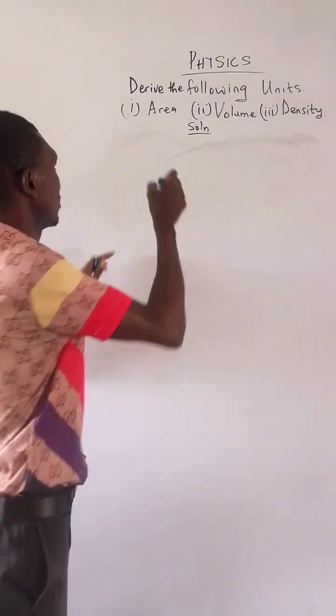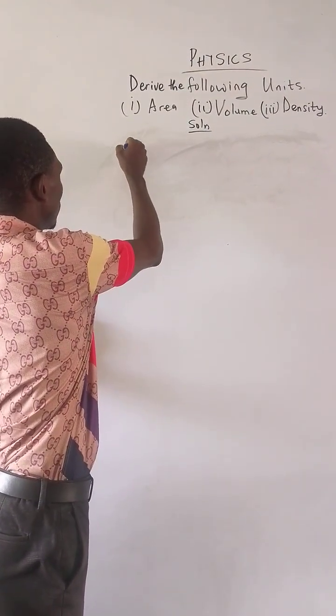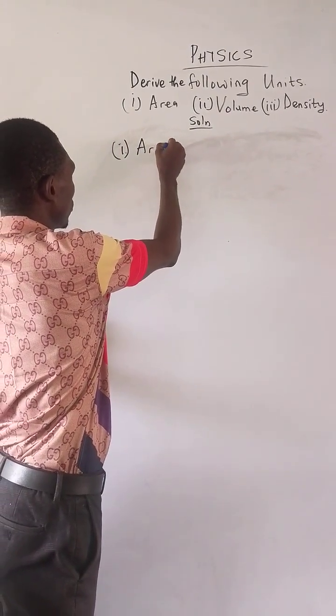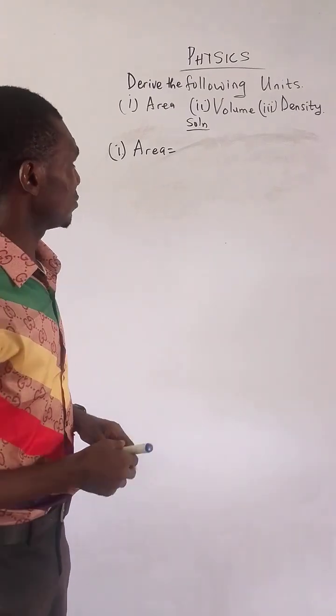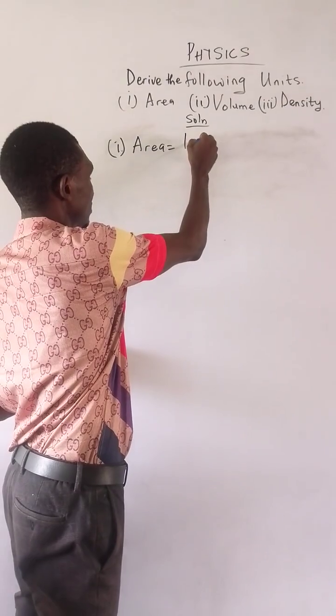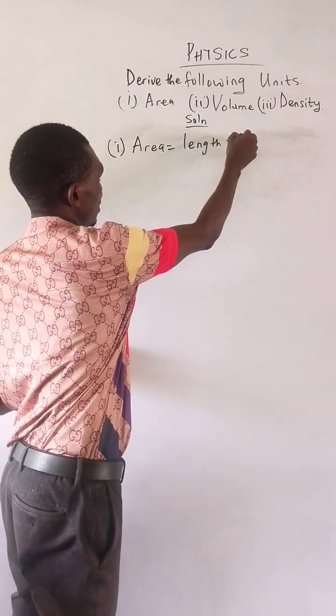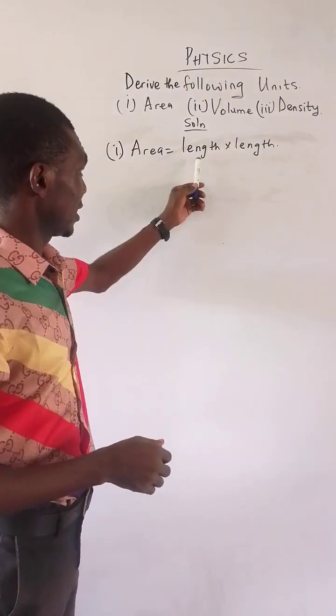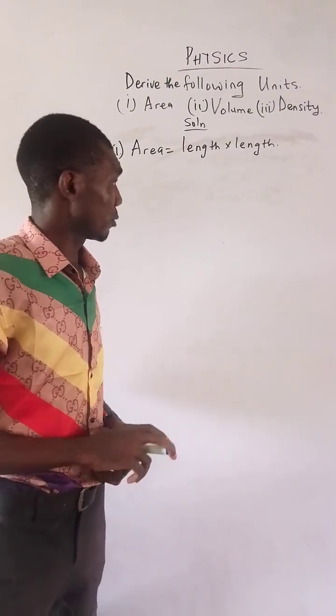Now we start with area, and we know that derived quantities are obtained by combination of two or more fundamental quantities. Now we start with the first, which is area. Area has a formula. The formula for area is length times length. That's the first. So what is the unit of length? Length and length, they are fundamental quantities.